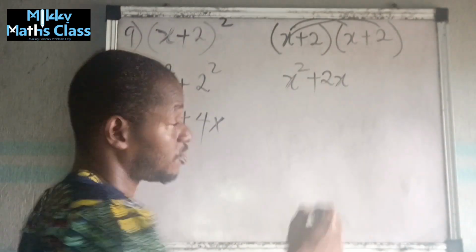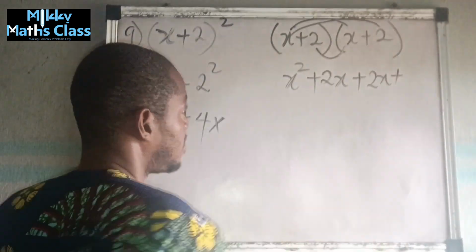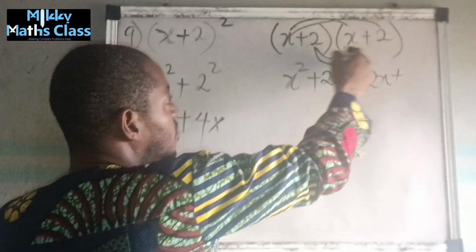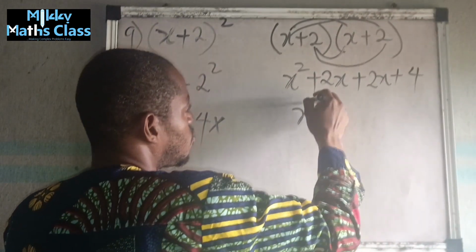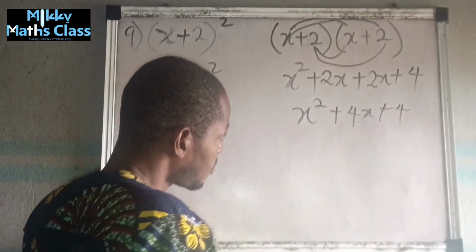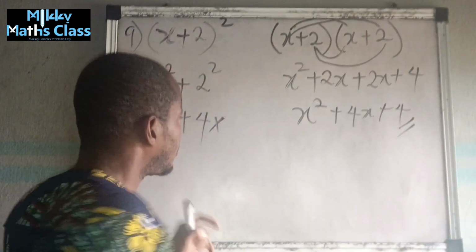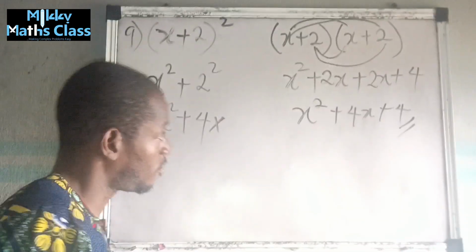Then the inner terms, 2 times x, 2x. Then the last terms, 2 times 2, that's 4. So this is x to the power of 2 plus 4x plus 4. So this is the expansion of x plus 2 to the power of 2.